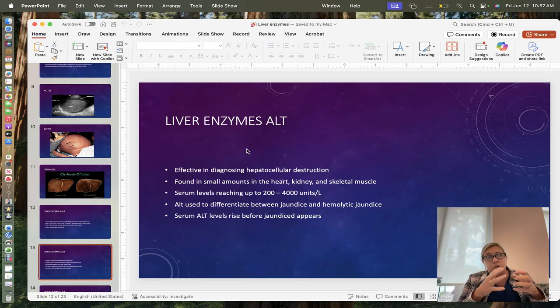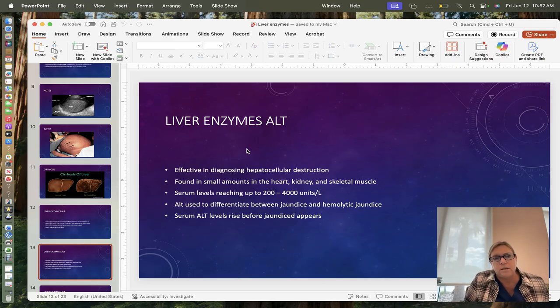So they'll actually have early destruction of their cells. Sometimes we do see hemolytic anemias as a problem with drugs, certain medications, psych meds. So they'll use the ALT to differentiate, is it the liver that's the problem? Do we have cirrhosis? Do we have hepatitis? Or do we actually have something happening with our red cells, and that's why we're turning yellow?